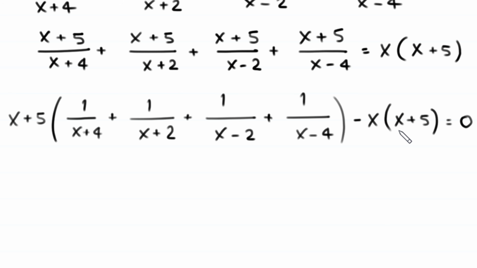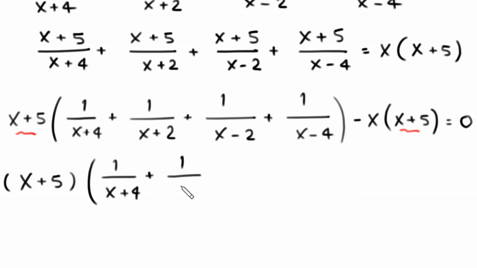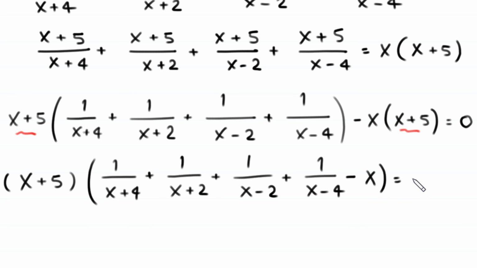As you can see, this expression x plus 5 is a common factor, so we factor out this x plus 5 and in bracket left these four terms: 1 over x plus 4, plus 1 over x plus 2, plus 1 over x minus 2, plus 1 over x minus 4, and this negative x equal to 0.